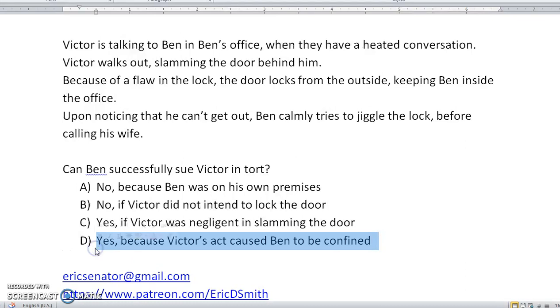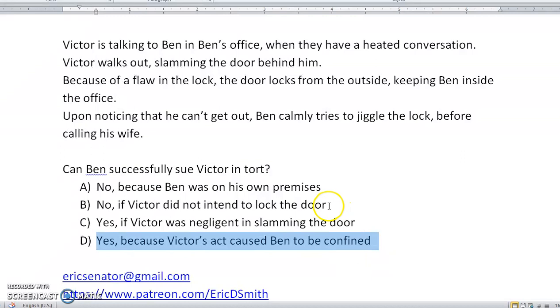yes, Victor can be found guilty of false imprisonment because he caused Ben to be confined. Well, this only looks at one of the necessary elements of false imprisonment, which is to be the cause in fact of actual confinement, but this is not enough to secure the finding of the tort. It's just one of the necessary elements.